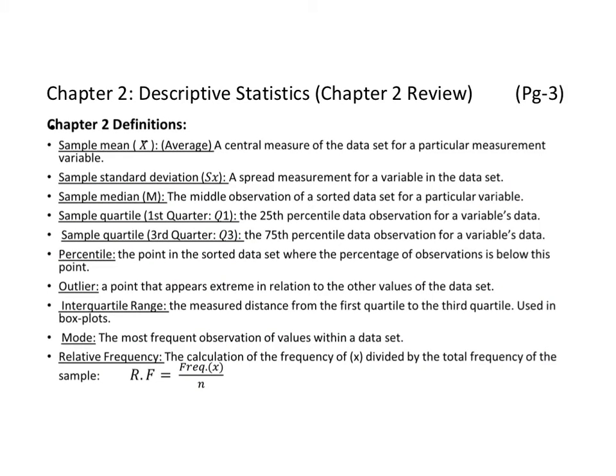In this chapter, we're going to talk about several definitions. We've already talked kind of about how to calculate the sample mean, or the average. It is the central measure of the data set for a particular measurement variable. So if we wanted the average height of all male students in BTC, we would need to take a sample of those students, measure their heights, and then we could take an average of those heights, right?